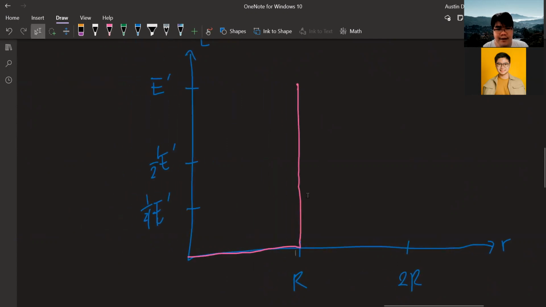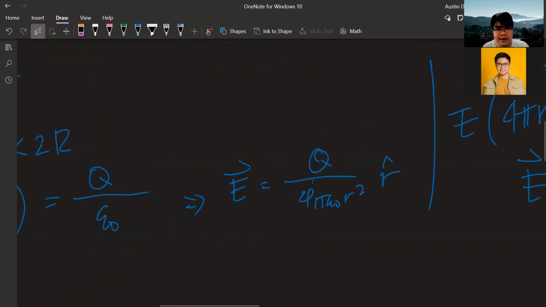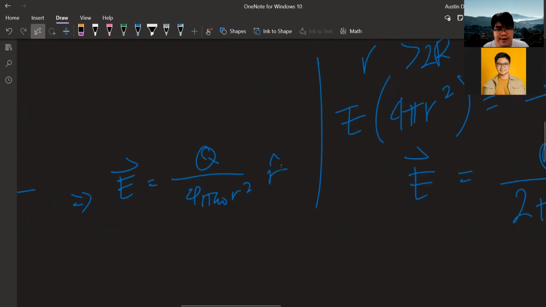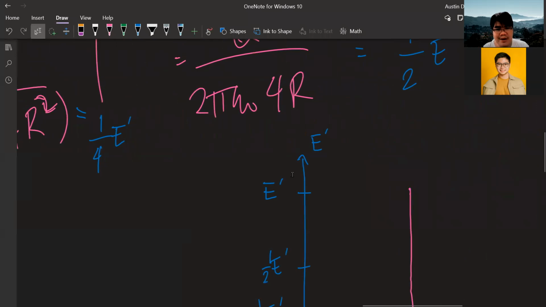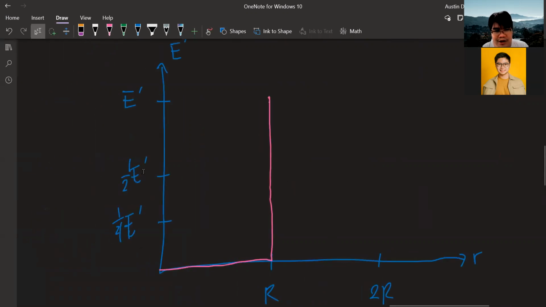Then, yung E natin is in the form of 1 over R squared. So, feel ko, alam nyo naman mag-graph ng 1 over R squared na graph. So, something like this. Pero wait, hindi natin pala alam kung saan siya pupunta. Kung pupunta ba siya sa 1/2 E or 1/4 E prime.